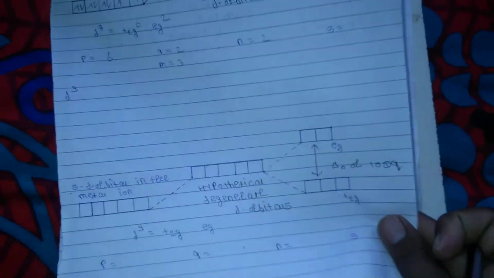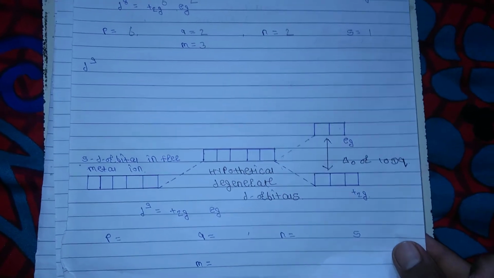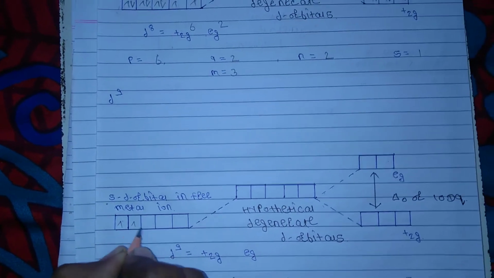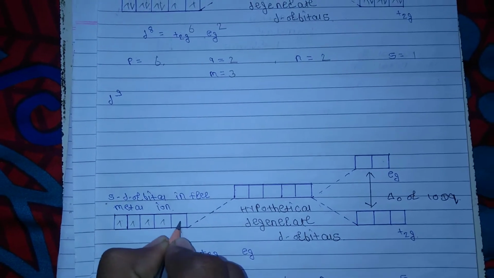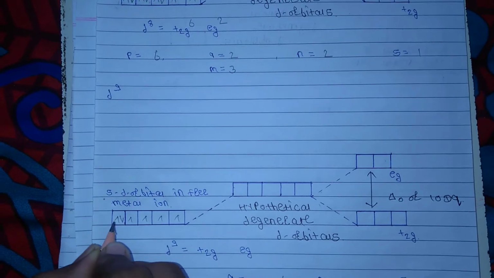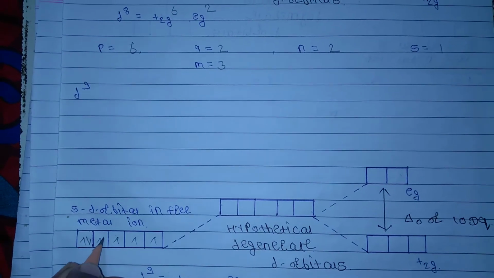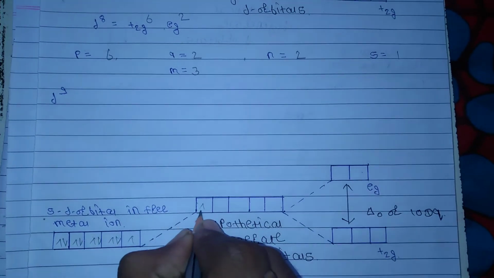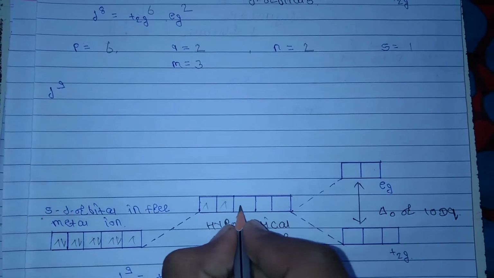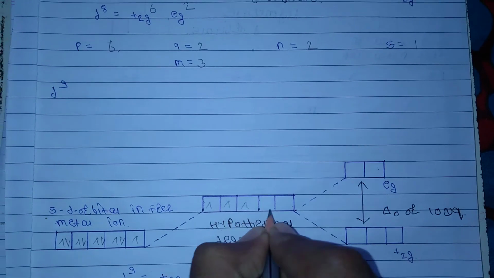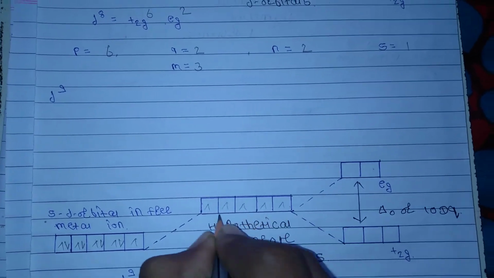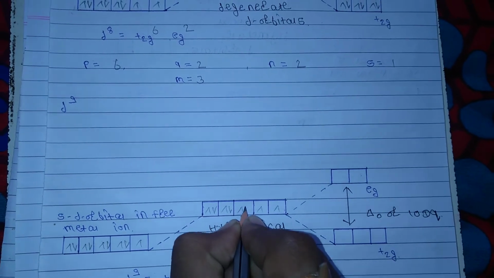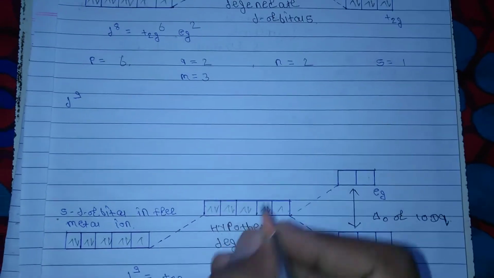The d9 configuration. In the d9 configuration, in the hypothetical degenerate d orbitals, there are 9 electrons.